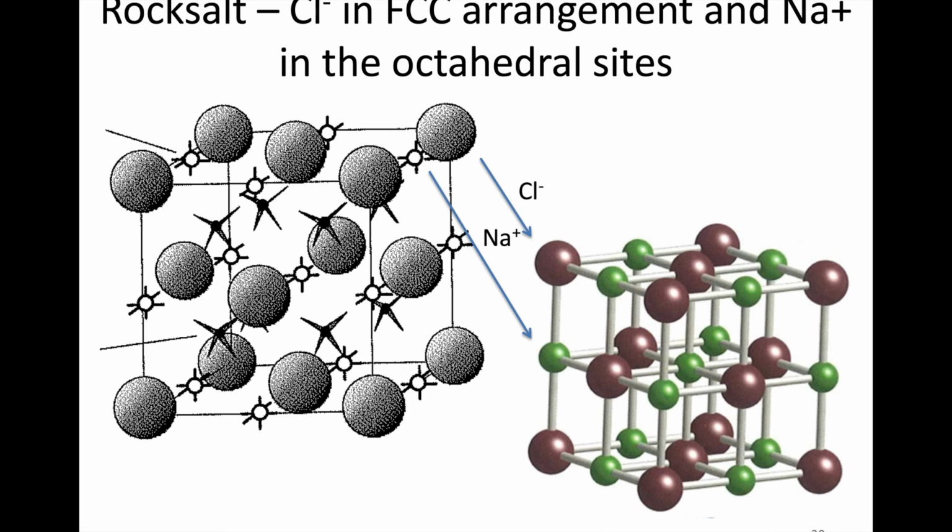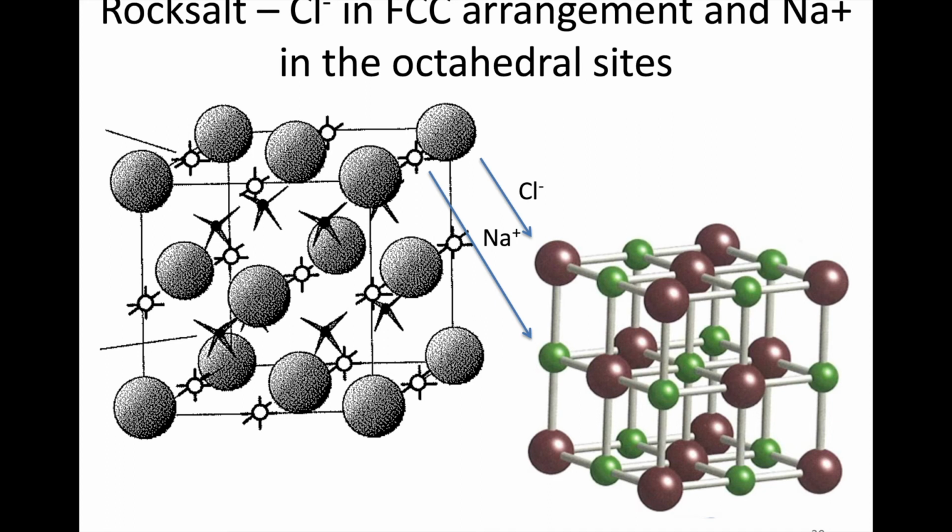In this case, the Bravais lattice is FCC because we can describe it as FCC, but instead of one atom per point, we have 2 ions per point, and that will give us the rock salt structure. So it's an FCC Bravais lattice.